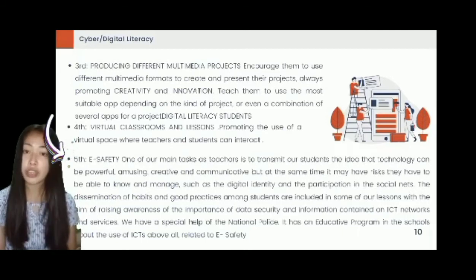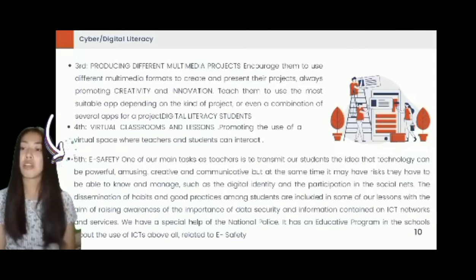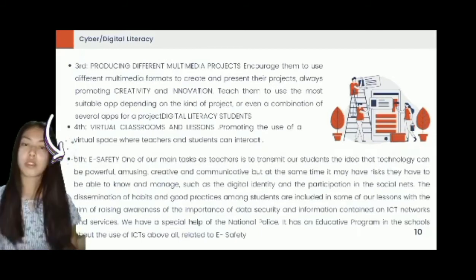The dissemination of habits and good practices among students are included in some of our lessons with the aim of raising awareness of the importance of data security and information contained on ICT networks and services. We have a special help of the National Police. It has an educative program in the schools about the use of ICTs, above all related to e-safety.